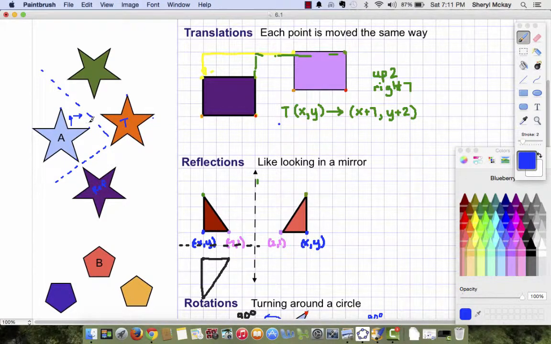Or you could just say that it is a rotation. Let's give it a point, maybe right about here is our center point. If we go from here to here, we're going this angle right here, okay?